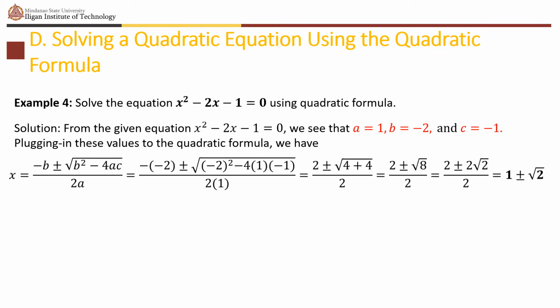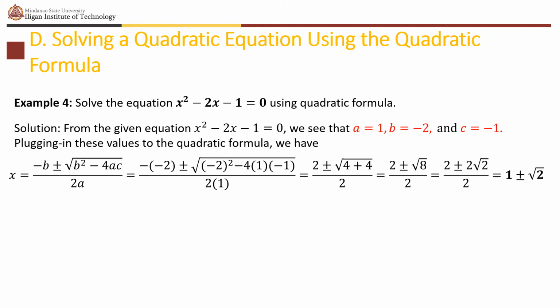So plugging these values into the quadratic formula, minus b is equal to 2, plus or minus the square root of negative 2 squared minus 4 times a, which is 1, times c, which is negative 1, all over 2a, so 2 times 1, which is 2.